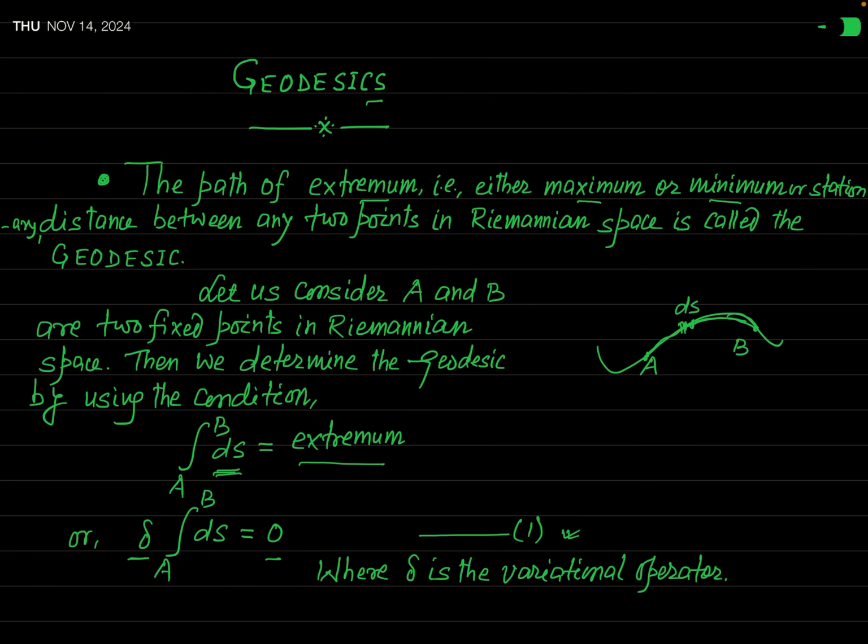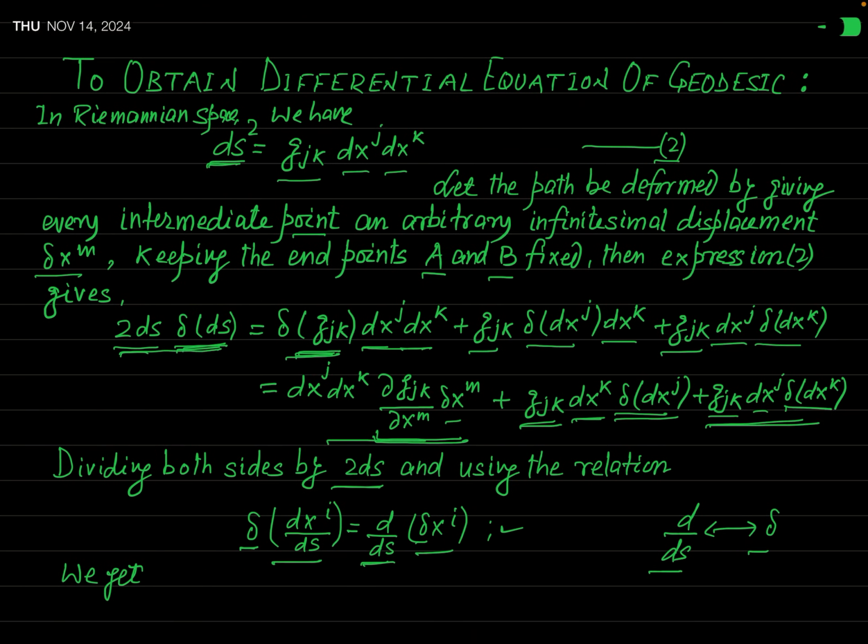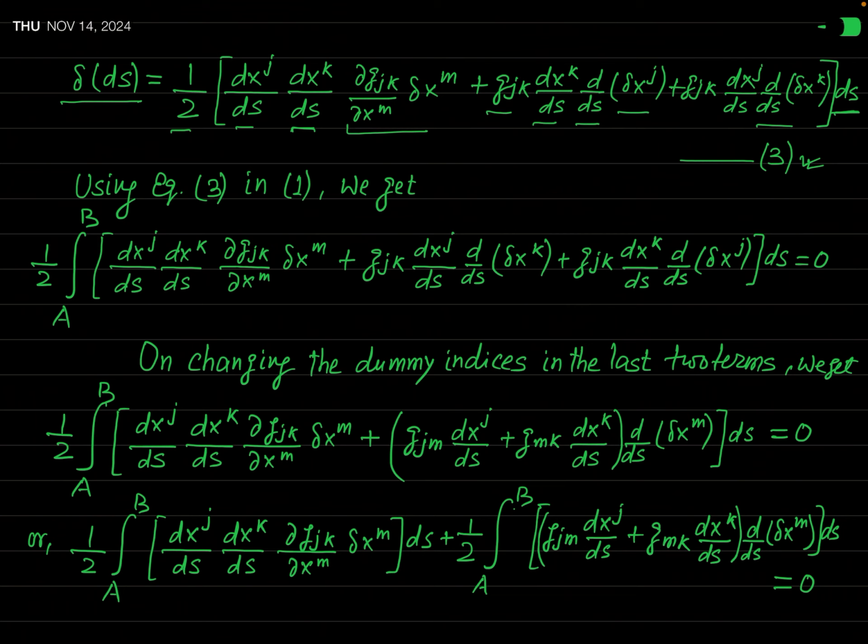So after using that value of delta operated on ds, equation 1 becomes like this. This is 1 over 2 integral a to b, and you can see this first term is as before. This second term here is as before. You can see I have written actually third term before, and this is your second term. Only there will be integral from a to b.